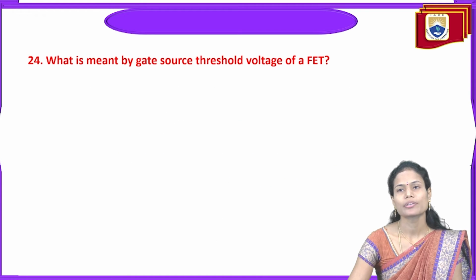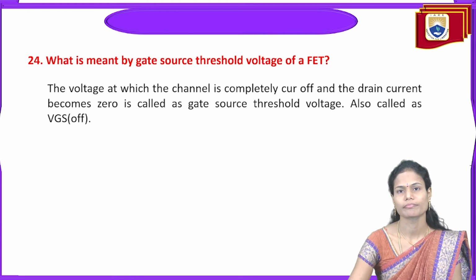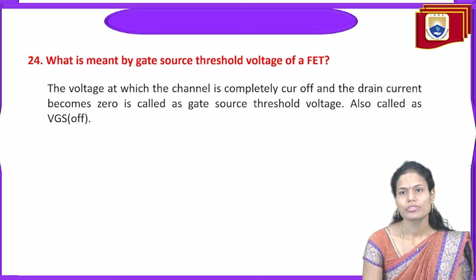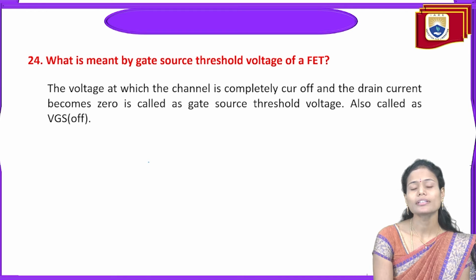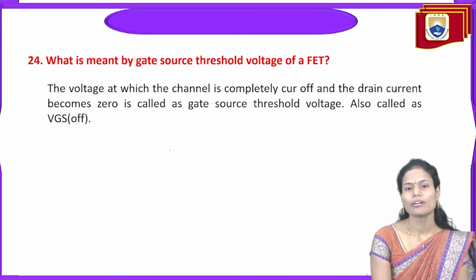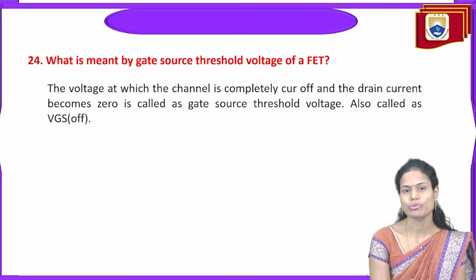What is meant by gate to source threshold voltage of a field effect transistor? Threshold voltage is nothing but the voltage at which the channel is completely cut off and the drain current is completely 0. It is called the gate source threshold voltage, and it is also called VGS off. The drain current in the FET, MOSFET or JFET depends upon the applied gate to source voltage only.